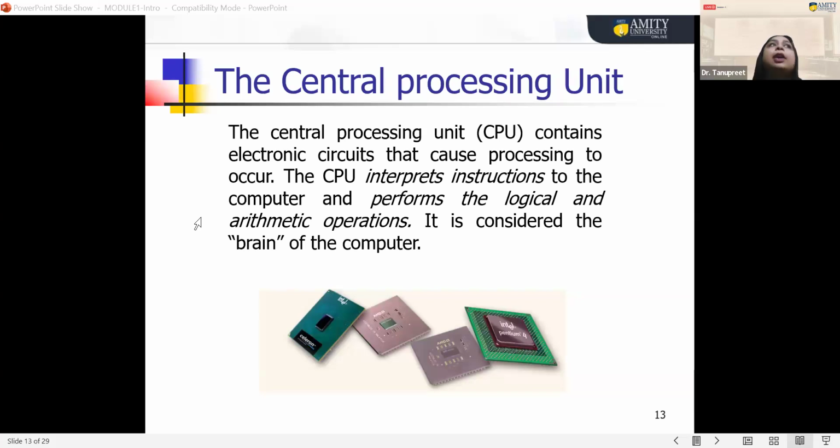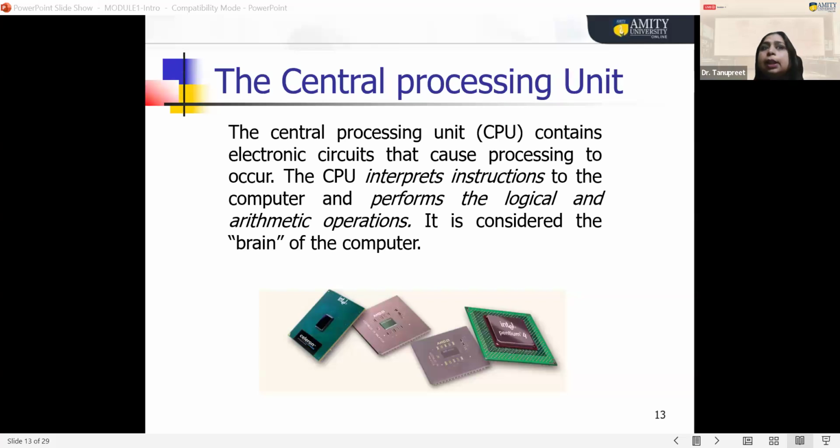Now, if I have to discuss the various generations of computers, how many of you have heard that earlier, computers were as big as a room? Those earlier computers also had a CPU, with a control unit and an arithmetic and logic unit.